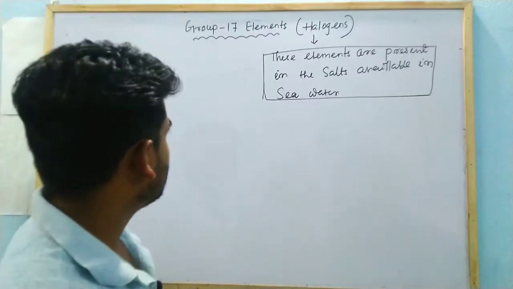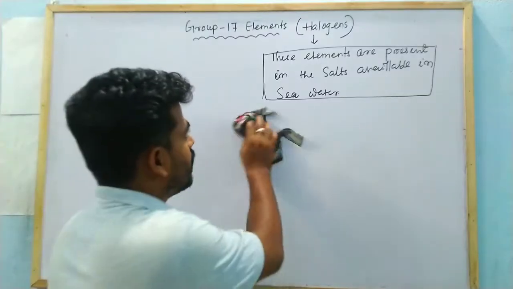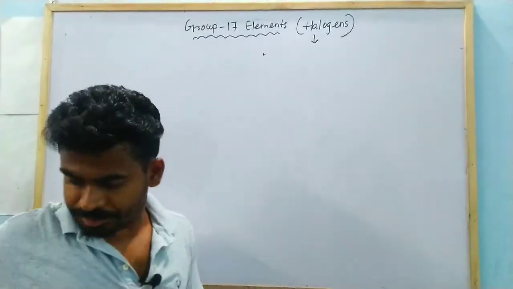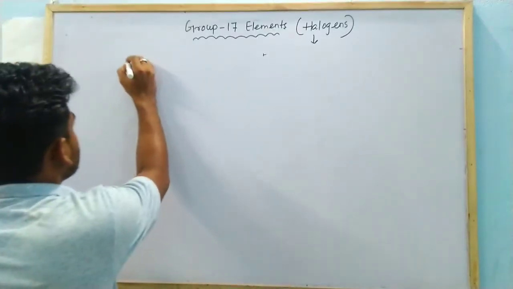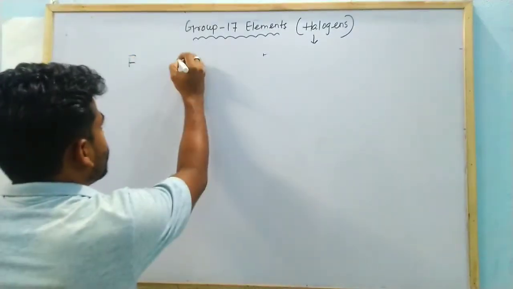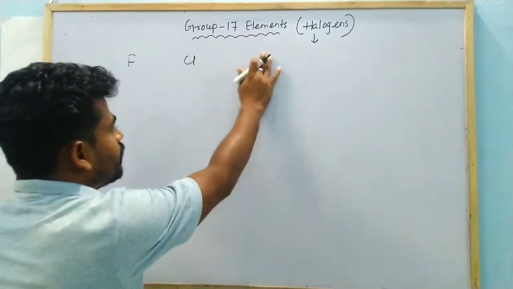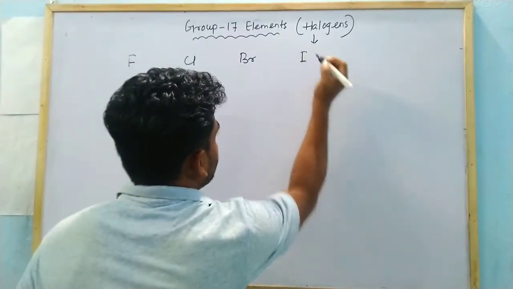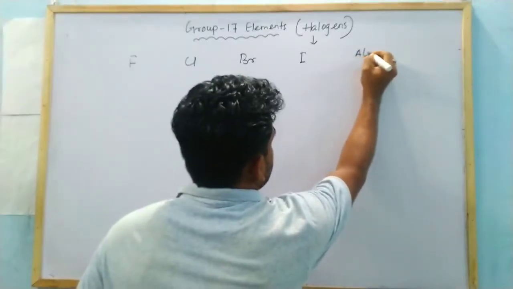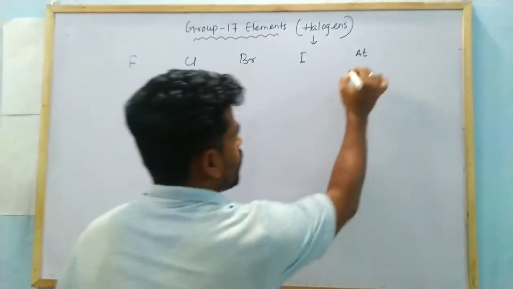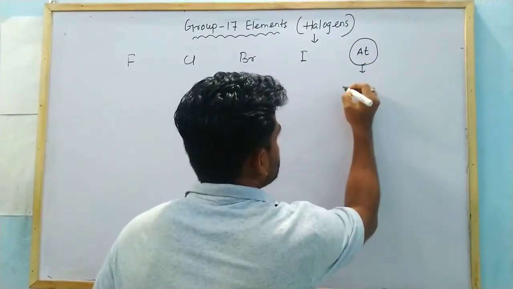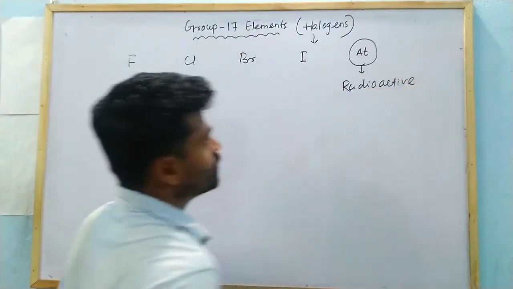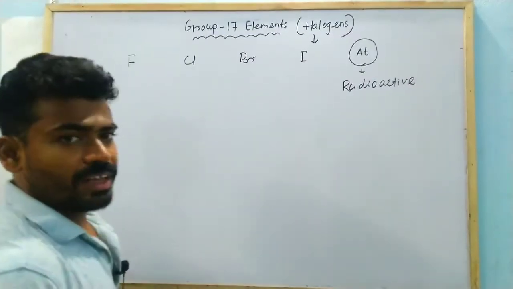These elements are: the first one, fluorine, next chlorine, next bromine, next iodine, and the final one, astatine. Particularly this element is radioactive in nature.